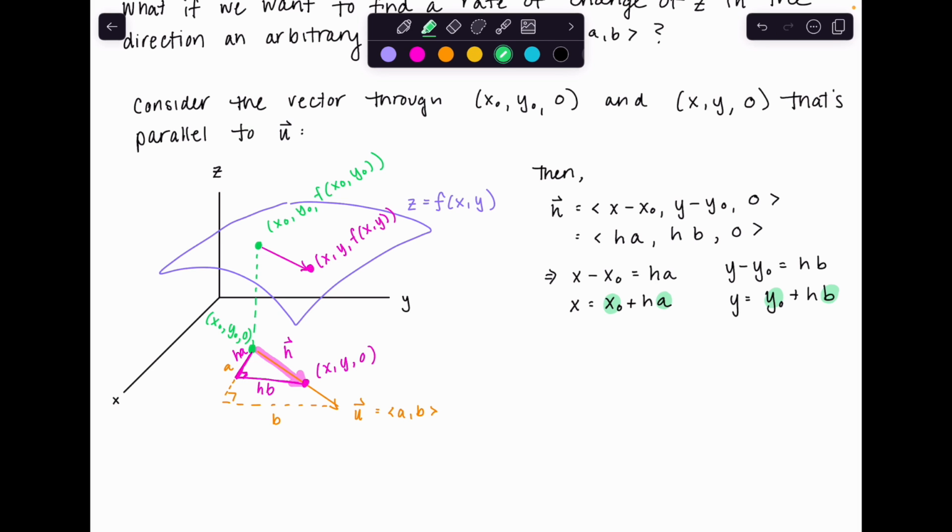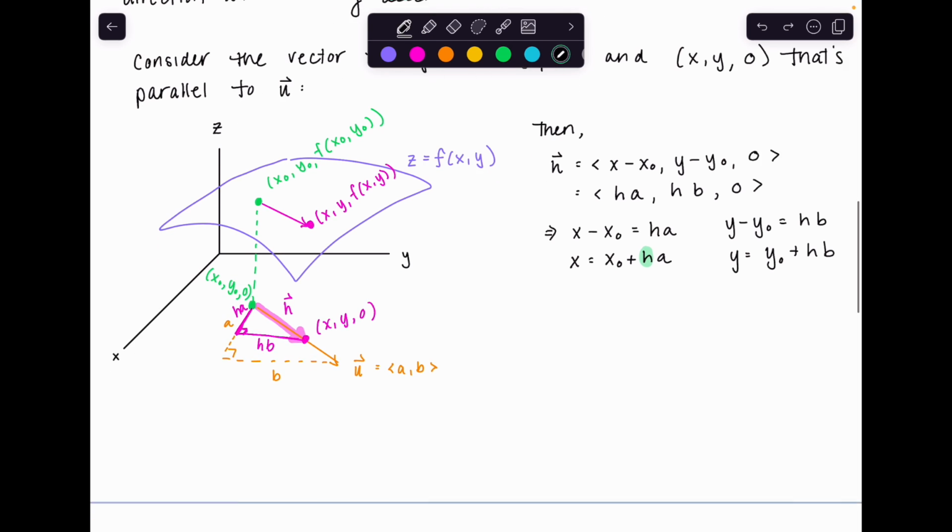Those are given constants. So what this ultimately does is it makes it so that I can take a single limit as h approaches 0 to let these two points approach each other. So this is how we define our directional derivative in terms of a single variable.